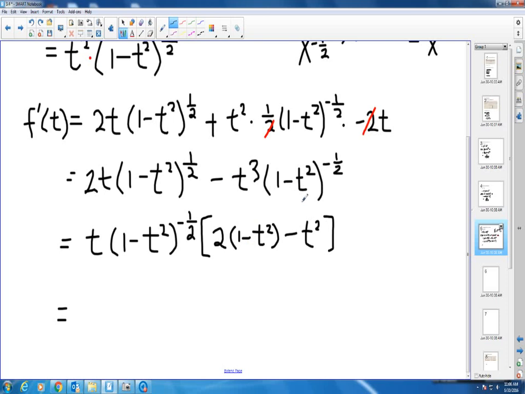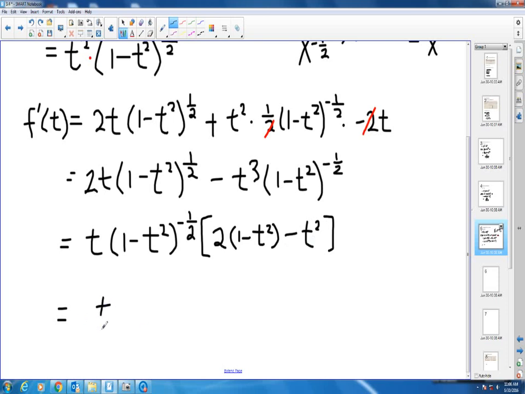Let me make sure my signs are correct. 2 times negative t squared, negative 2t squared, that will be negative 3t squared, minus 1 more t squared.